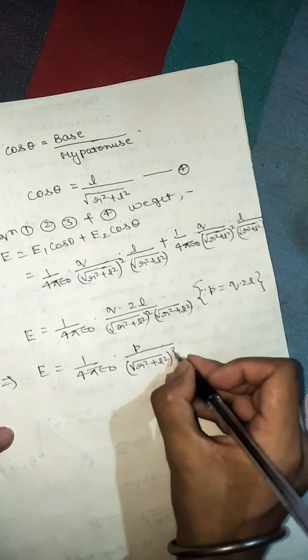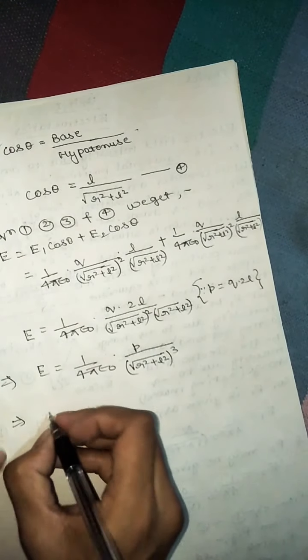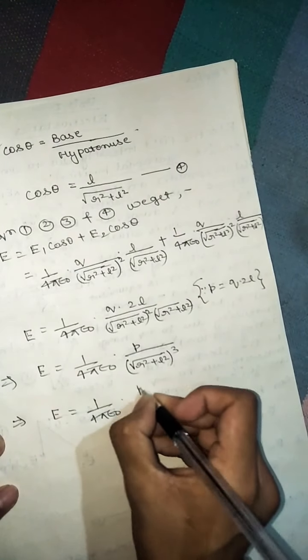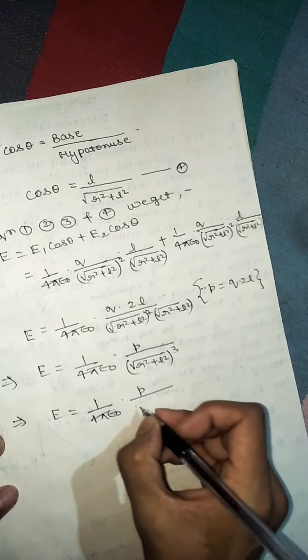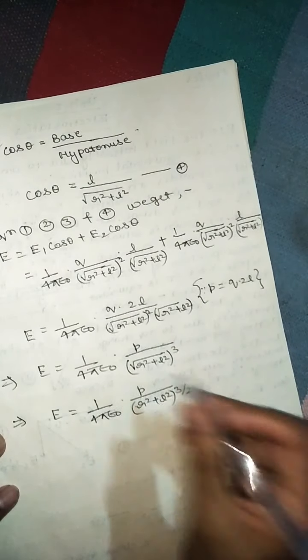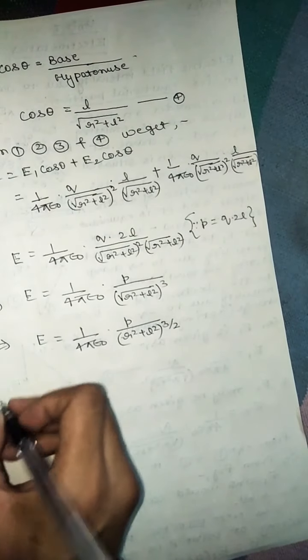So what is the power? If we want to write it in another order, we can write 1 upon 4 pi epsilon naught p upon r square plus l square power 3 by 2, because under root is taken as power 1 by 2.